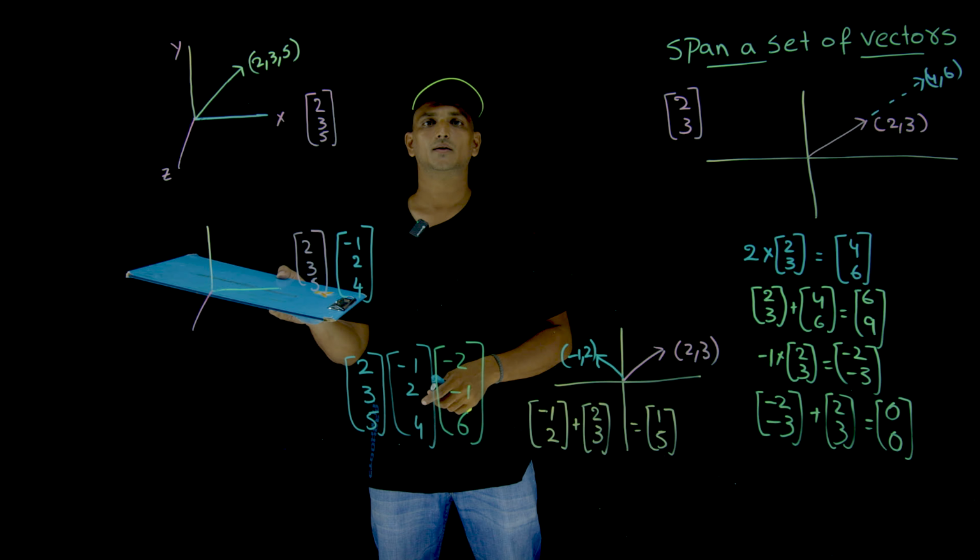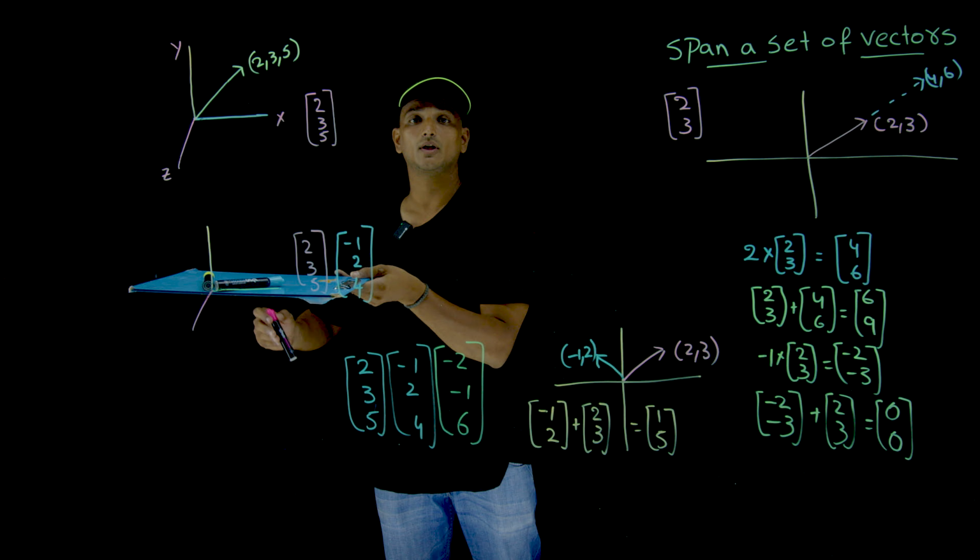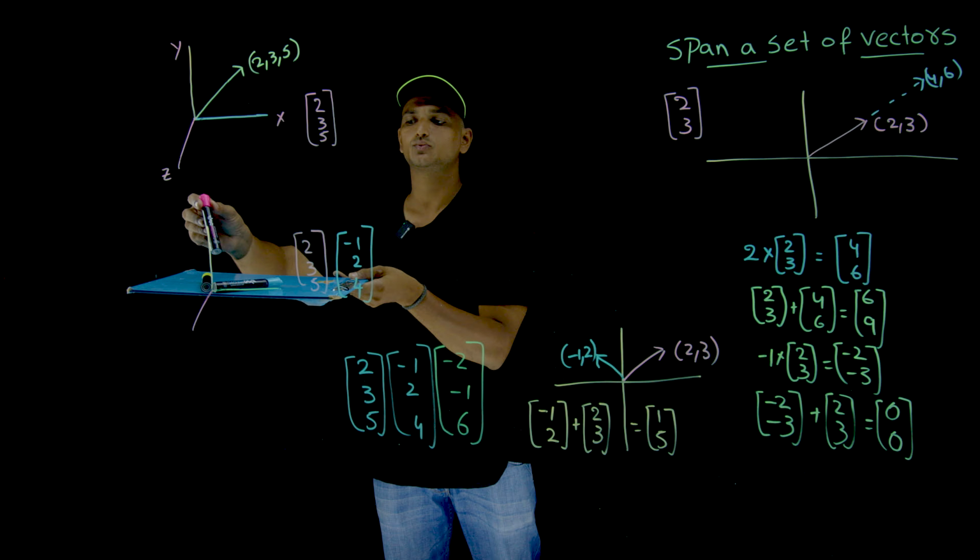And the last point you need to understand: suppose you are given three different vectors that are moving in three different directions. 2, 3, 5 is one, -1, 2, 4 is another one. By using these two, you are able to span a plane. Suppose you are given another vector, -2, -1, 6.